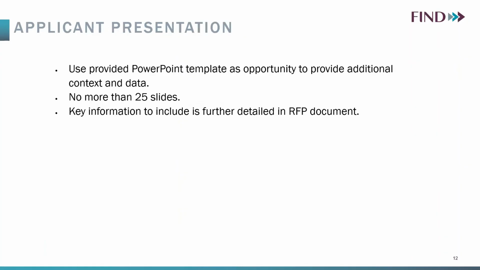And finally, the applicant presentation is a PowerPoint template with some guidance around the information that will need to be included. The key information to include is also further detailed in the RFP document. This is an opportunity to provide additional context, additional data, and we would ask you to not go beyond 25 slides.